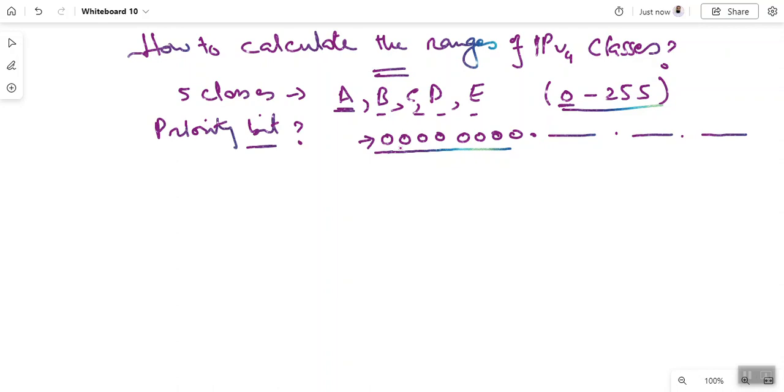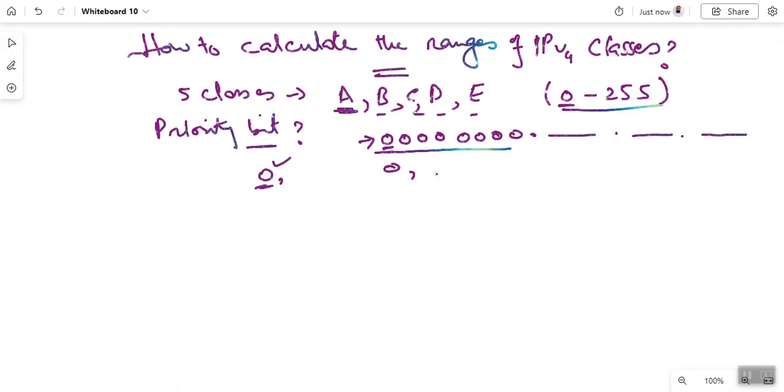Now when we are talking about class A, the priority bit value is 0. So this first, leftmost bit will always remain 0. Let's say we write the first IP address as 0.